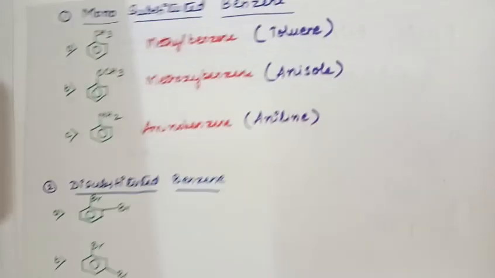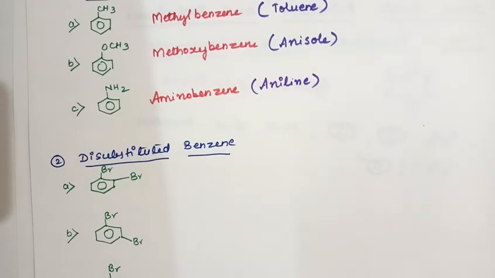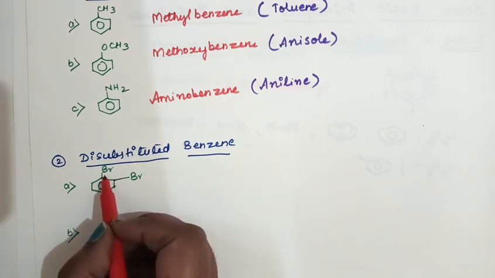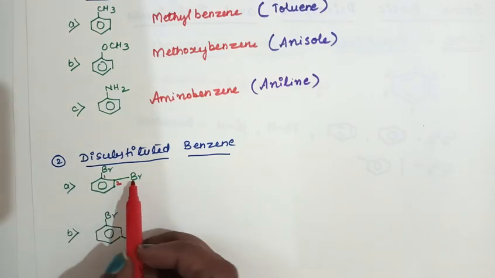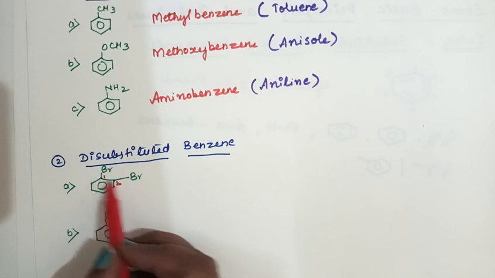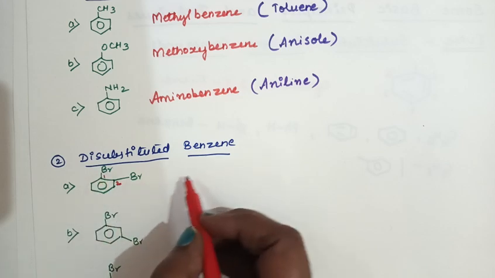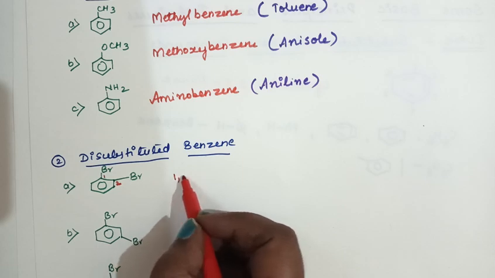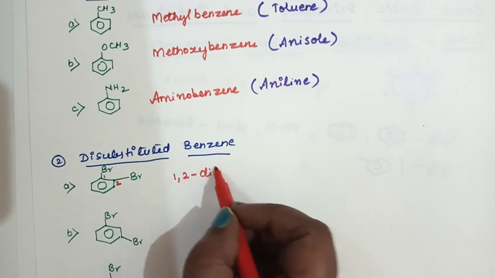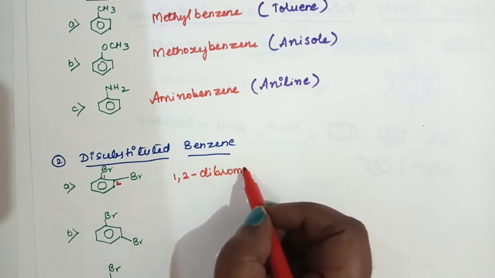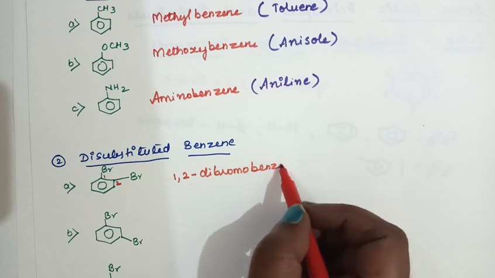So now we will go for di-substituted benzene. So students, as I said, di-substituted benzene you have to number. So this is carbon 1, this is carbon 2. Or you can number from here also 1, 2, it is the same. So at position 1 and 2, there are two bromo groups. So you will write it as 1, 2 dibromobenzene.